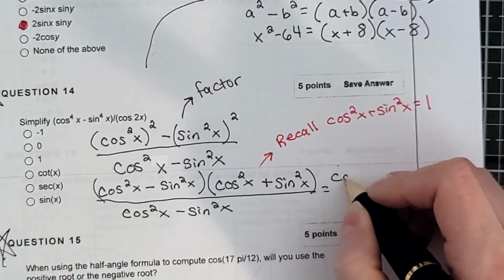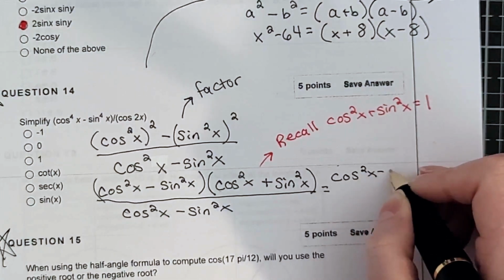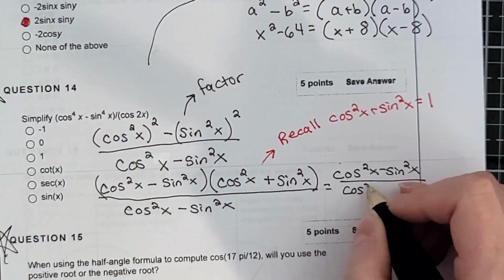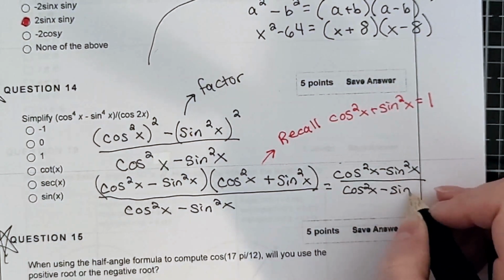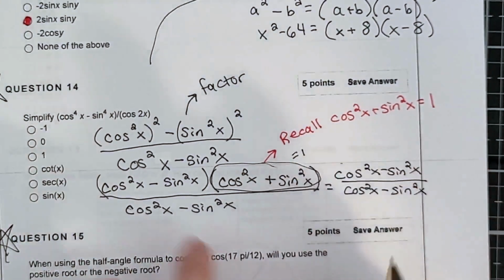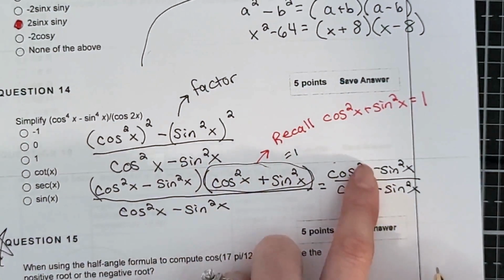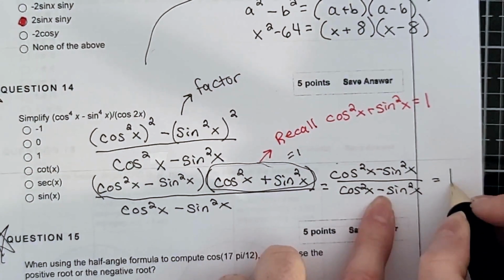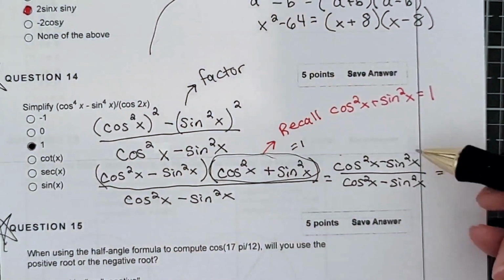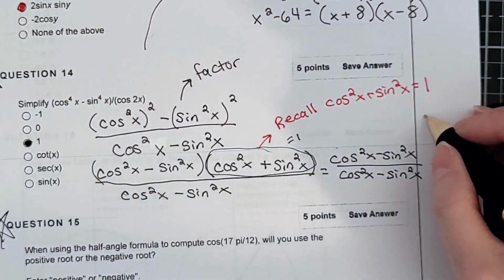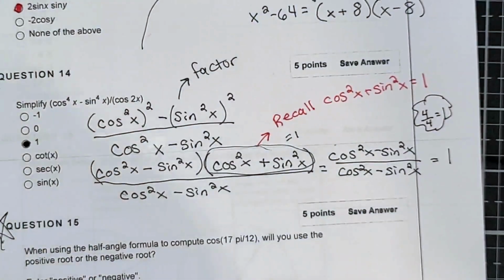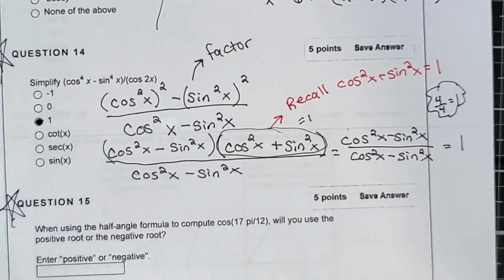So I'm left with cos squared x minus sine squared x divided by cos squared x minus sine squared x. So this guy turned into a 1, and I was left with these two, and this divided by this is 1. So our answer is 1. Since these were identical, it's the same thing as saying 4 divided by 4 equals 1. It's that same concept. Since everything matched up, we're just using that property.